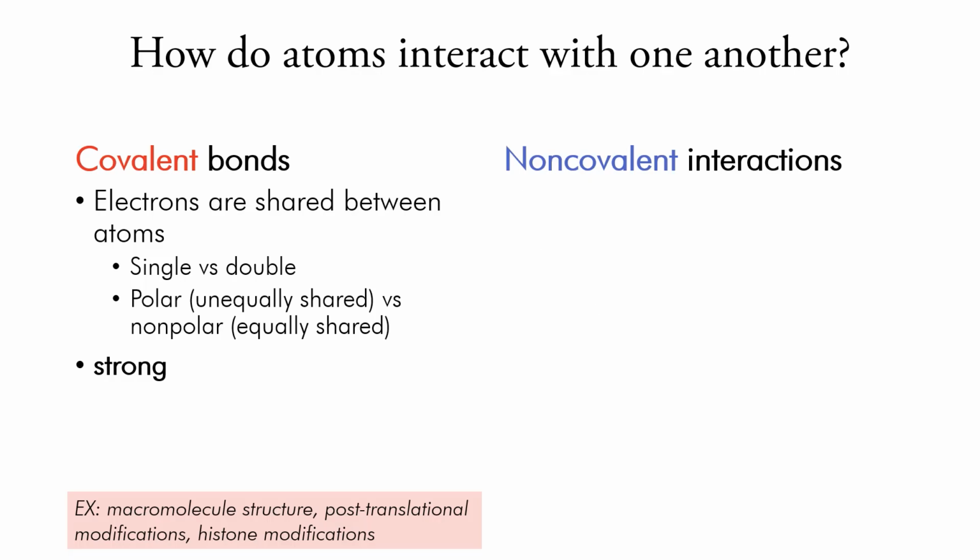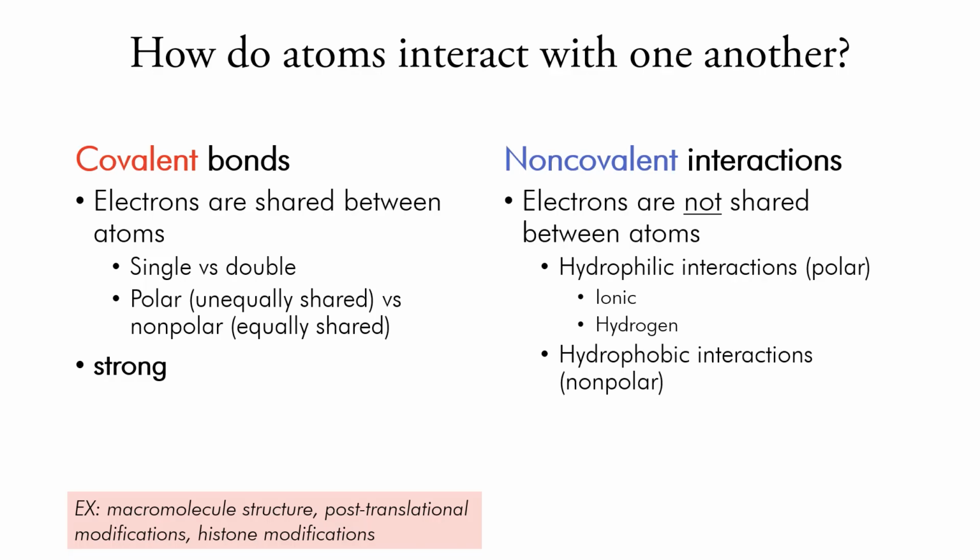On the other hand, in a non-covalent interaction, your atoms are not sharing electrons. They're not holding on to each other really tightly. These non-covalent interactions fall into two categories. They can be hydrophilic interactions, where you have a charge element going on, whether it's an ionic bond, where the atoms have outright charges on them and one positively charged atom interacts with a negatively charged atom, making a strong ionic bond, still nowhere near as strong as a covalent bond.